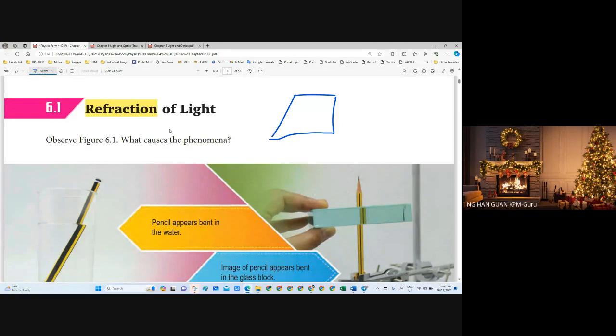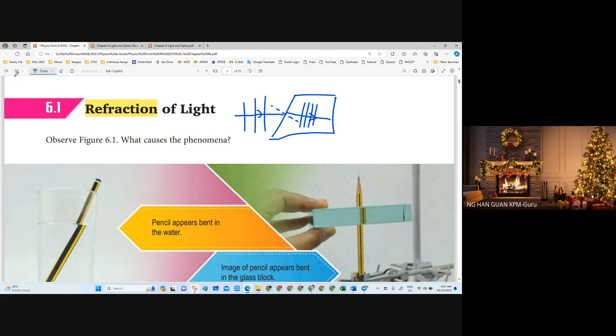So from the direction, we show the normal line and then bend towards normal. After that, we have the smaller wavelength. Okay, so this is what we learned, diffraction of water wave.